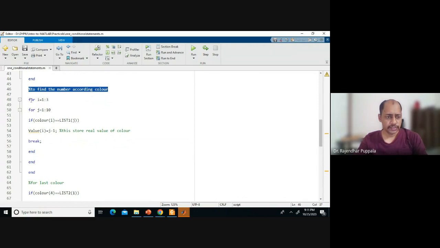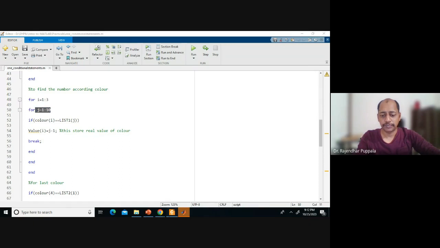Here we are using two for loops. Why? Because for calculating the nominal resistance value, we need only 1 to 3 inputs, right? The fourth one is not required for calculating the nominal resistance value.